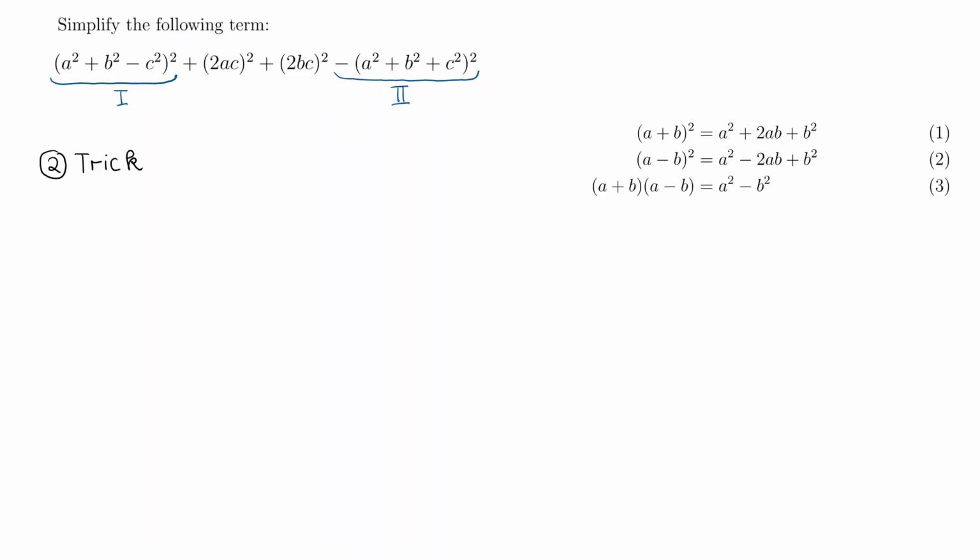So 1 and 2 is kind of like a squared minus b squared. And now we could use the third binomial formula for those 2 parts in the reverse way. So we would go from the right side to the left side. And this is also a very important thing.